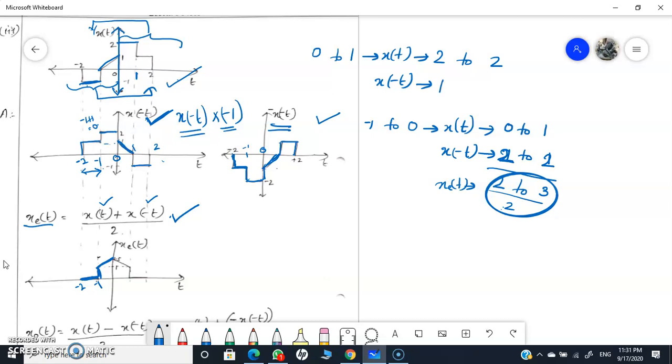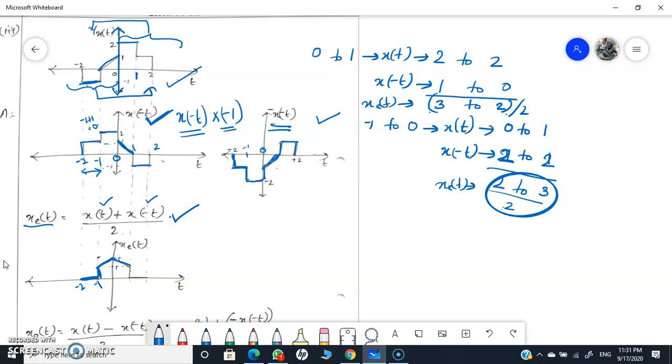So what is the sum divided by 2? Here you are getting amplitude from 3 to 2. So x e of t at that particular moment will be 3 to 2 by 2. That means it is varying from 1.5 to 1.